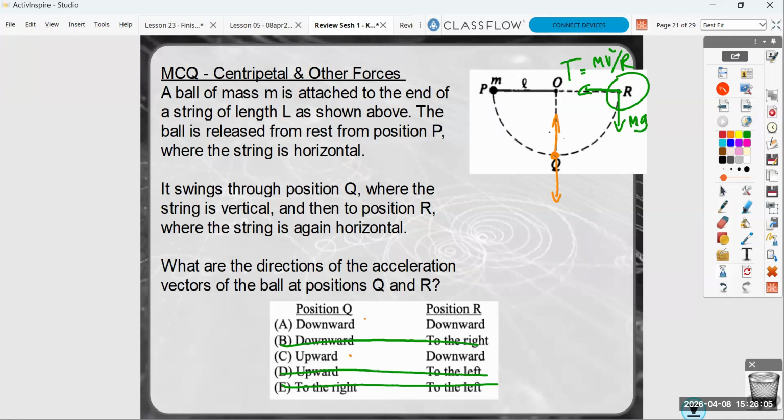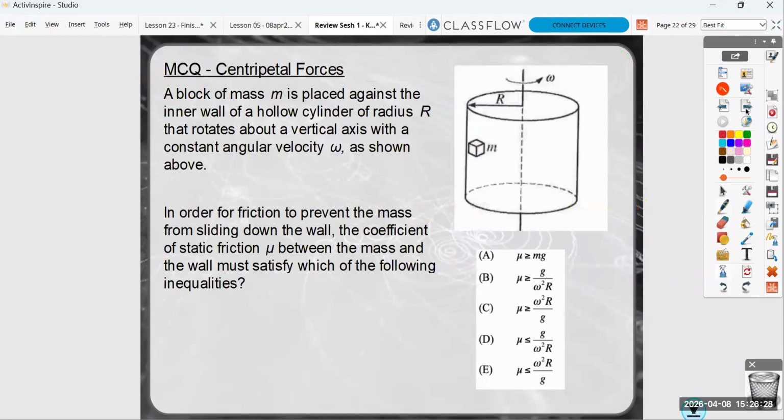It's moving in a circle, so the net force in that vertical direction, T minus mg, needs to be mv squared over r. It's got to have a little extra tension to pull it up into the circle, or else it's not going to do that. So at position Q, it needs to be accelerating towards the center of the circle. Very good. Centripetal forces.